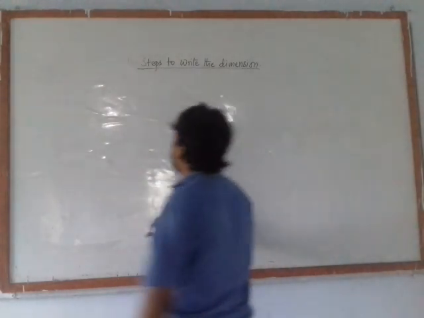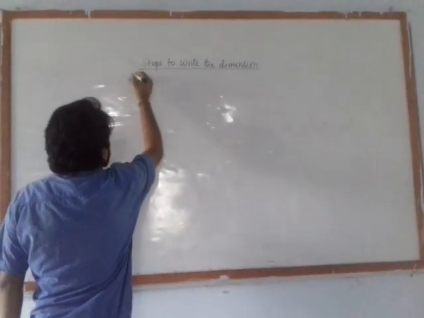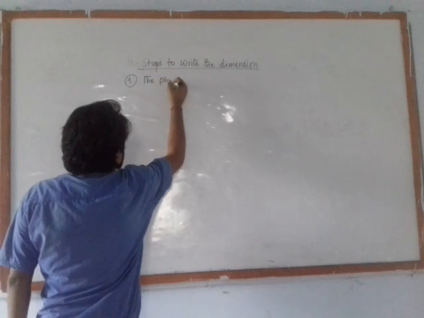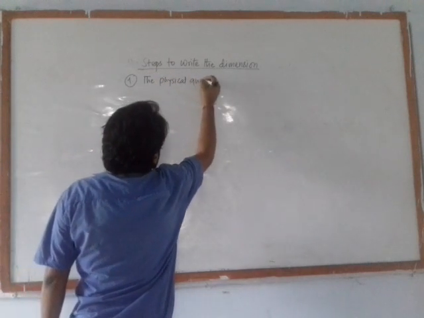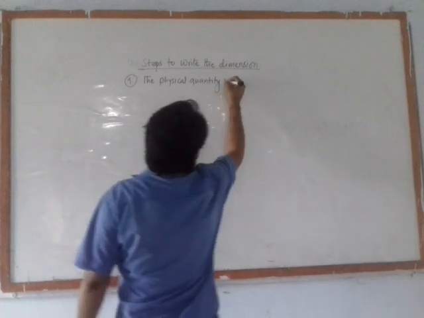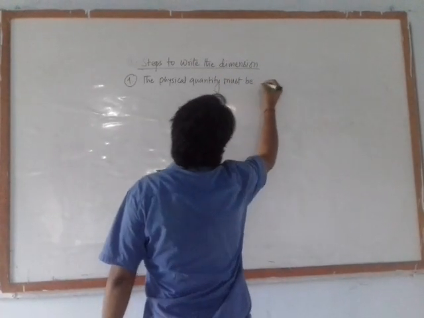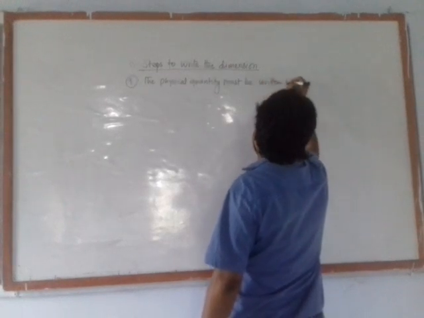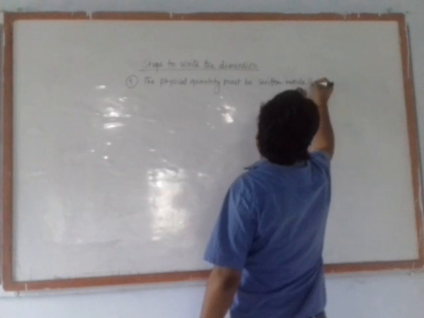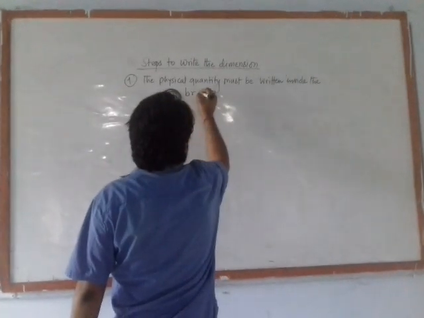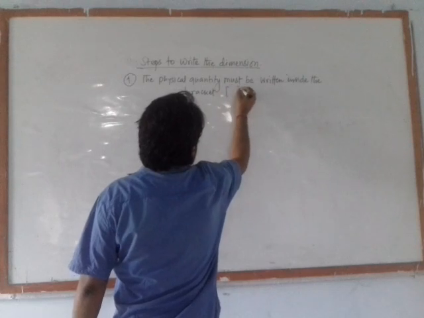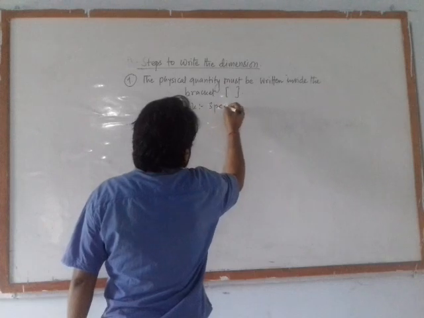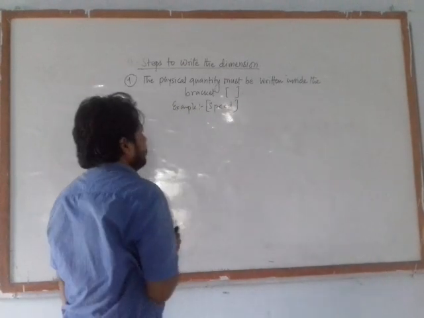Number 1, first step: the physical quantity must be written inside the bracket. For example, speed. I have to write speed.